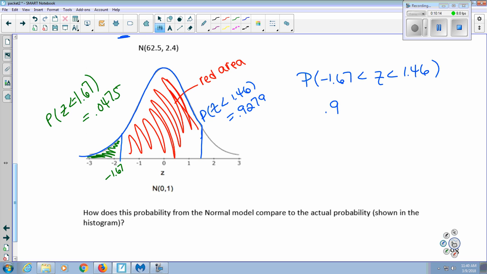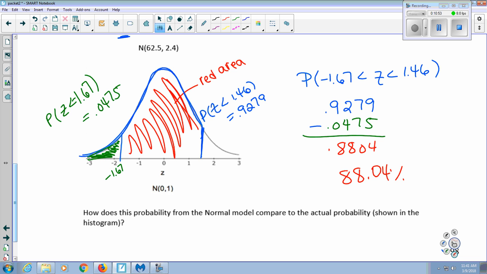So we have this big probability, this whole blue area right under all of this over here is 0.9279, but we want to subtract off this little green section because that's not the part that we're interested in, and that we said was 0.0475. And the part that we are interested in, the red area, will be that difference, 0.8804 or 88.04%.